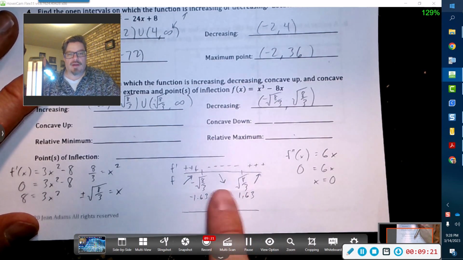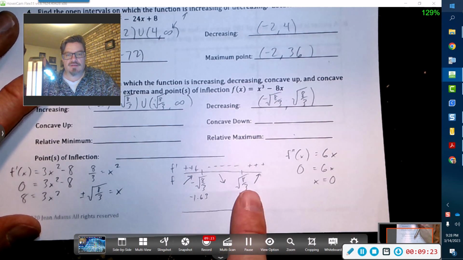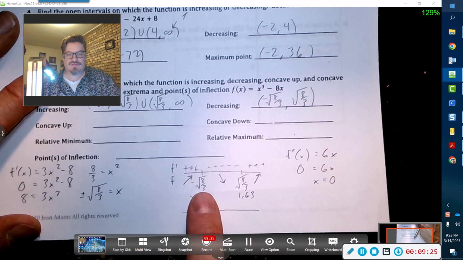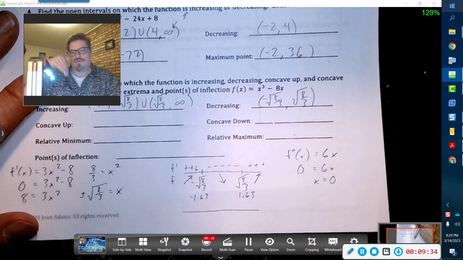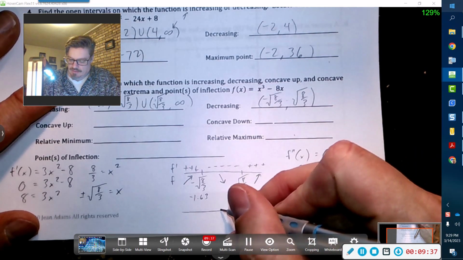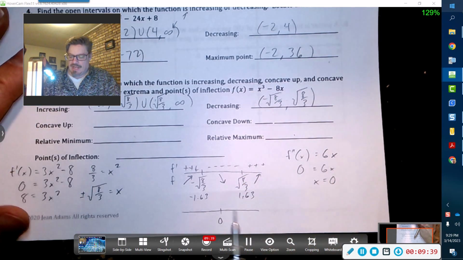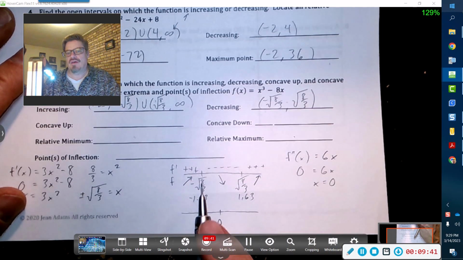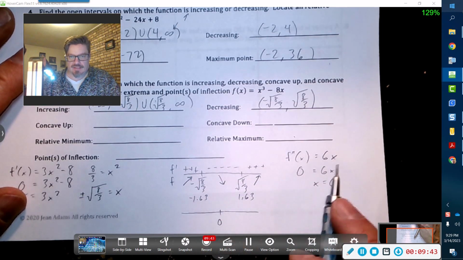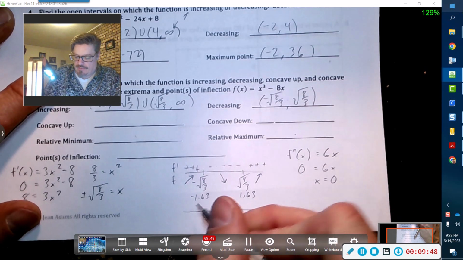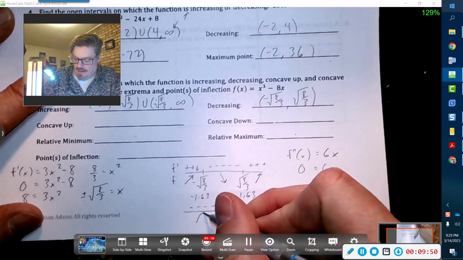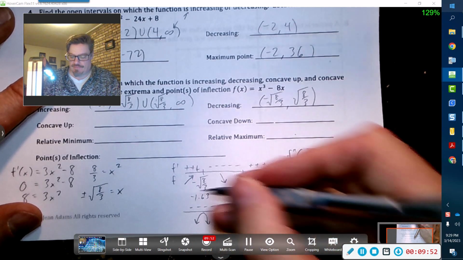Now, if you think about it, if this is on the positive side and this is the negative side, 0 is right in the middle. There's a symmetry happening, so it feels right that 0 would be the location of the point of inflection. Now if I plug a negative radical 8 over 3 into the second derivative, that's going to give me a negative value, and that means it would be concave down.